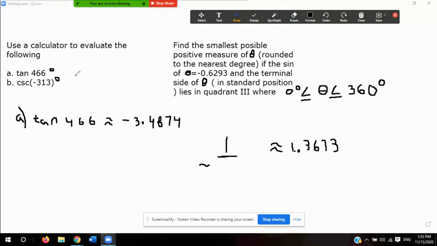So this equals approximately, let me just do that real quick before I get into the exercise, so that way we have our reference. The tangent of negative 466 by using our calculators was approximately negative 3.4874.